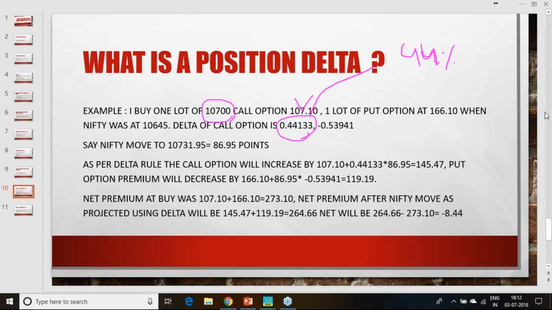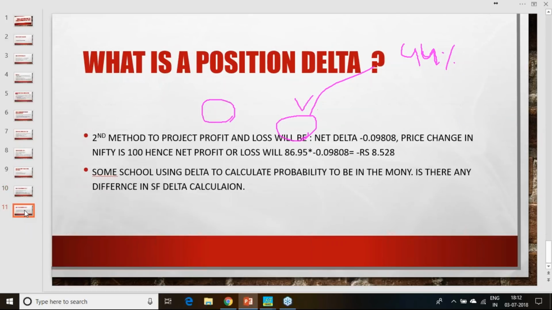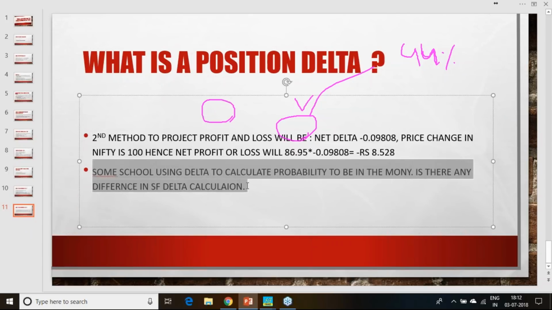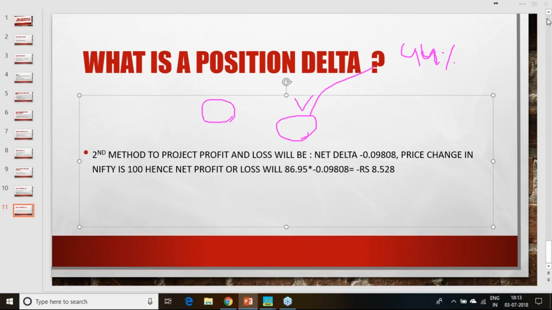So it is just another definition to explain delta. It is not a new thing. It is the same delta you calculate, just another definition of delta, nothing more than that.